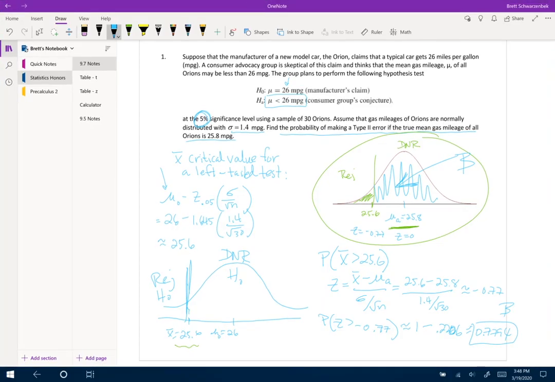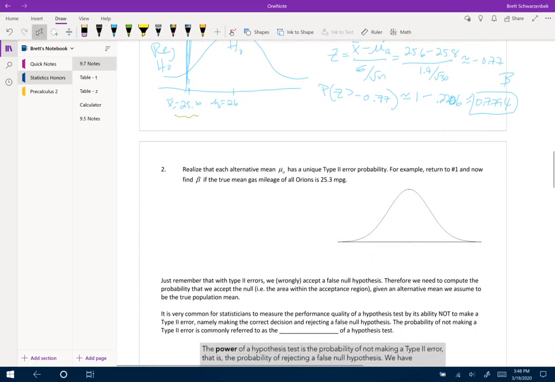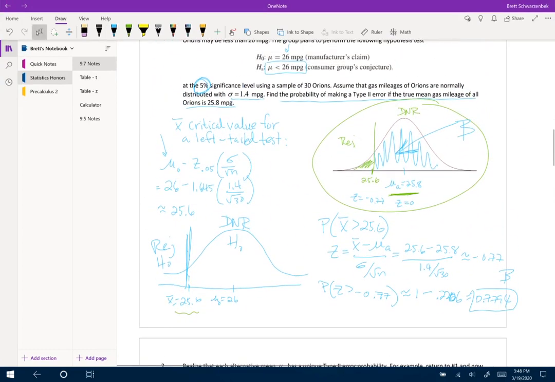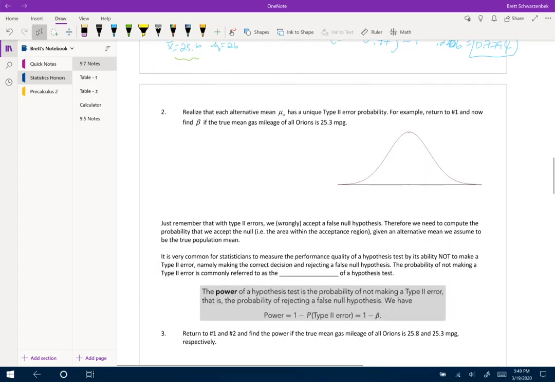Okay, there's an important thing to note here. You'll see in this problem that we had an alternative mean of 25.8. In reality, if we're accepting a false null hypothesis, the alternative mean that's provided to you could be any value. So you could end up doing a whole other problem by finding the probability of a type 2 error based on, let's say, a new mean.